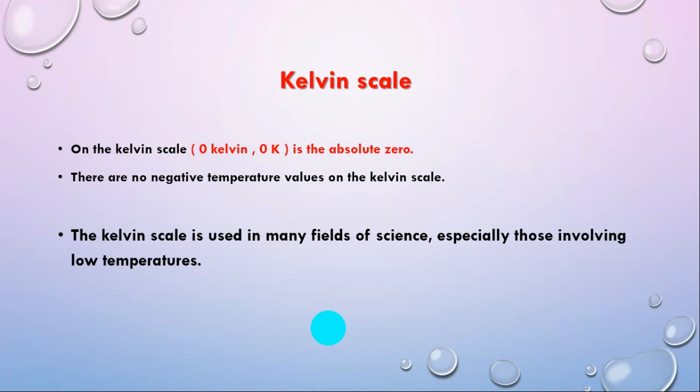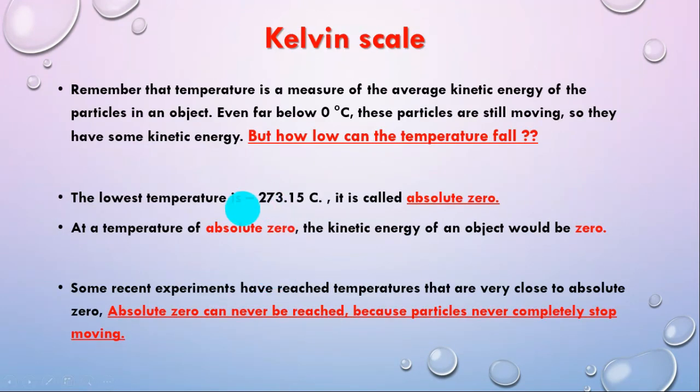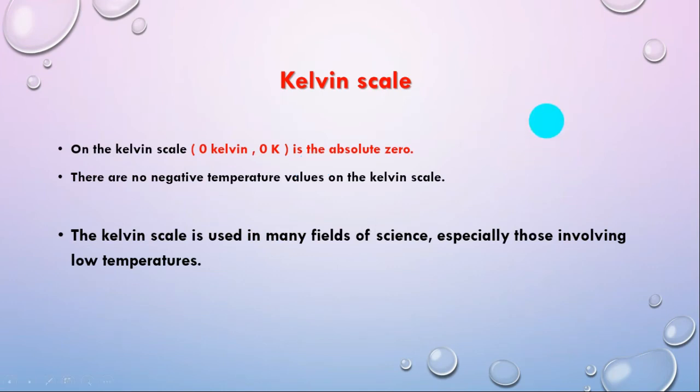On the Kelvin scale, 0 Kelvin is the absolute zero. In degrees Celsius we said it is negative 273.15 degrees Celsius. In the Kelvin scale, it is zero. We can't reach this temperature because the particles can't stop moving.